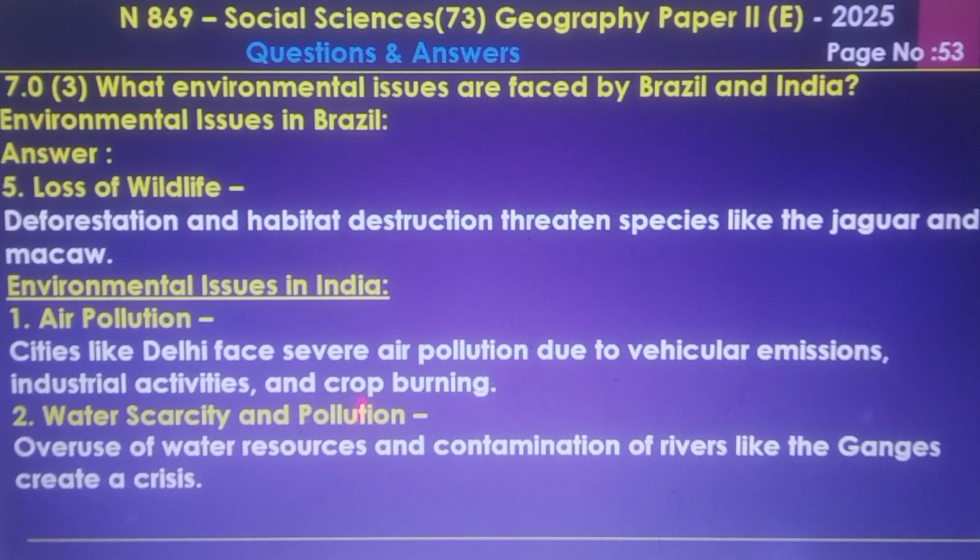And the environmental issues in India: air pollution. Cities like Delhi face severe air pollution due to vehicular emissions, industrial activities and crop burning.